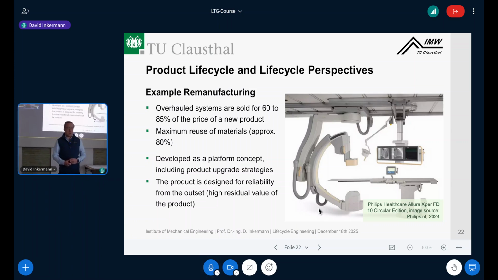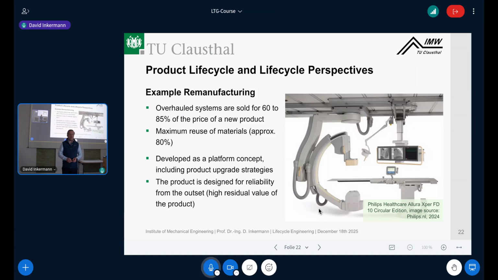That is where we have a high amount of components or materials. Nearly 80% of this product is reused, and the maintained product or remanufactured systems are then also sold for a lower price. And this is only possible because the product is designed to be remanufactured.